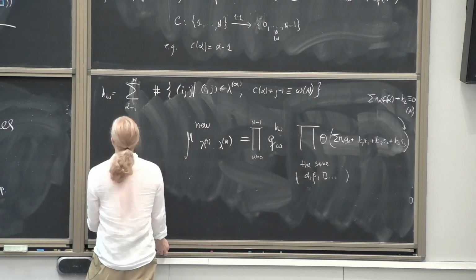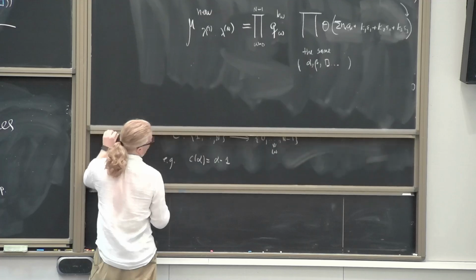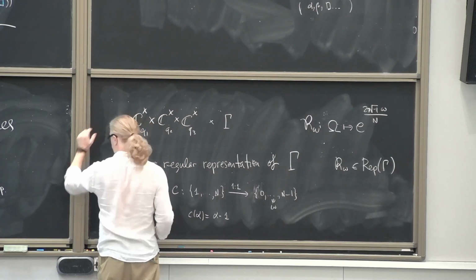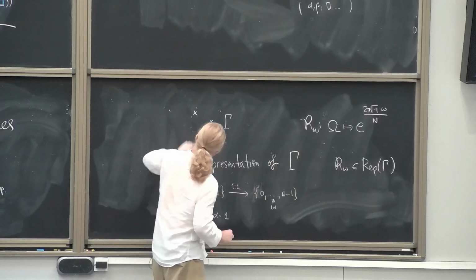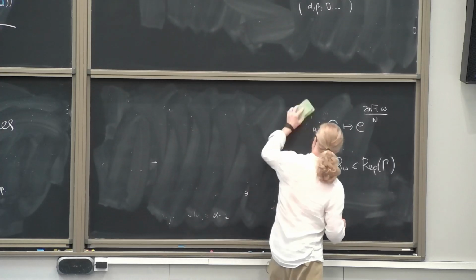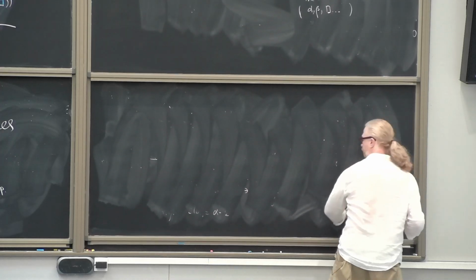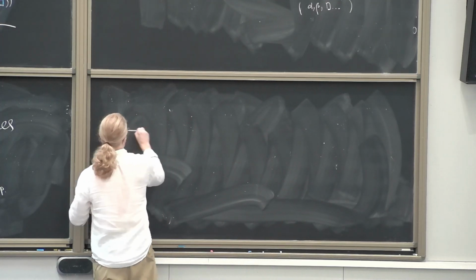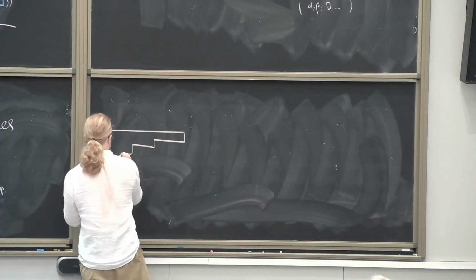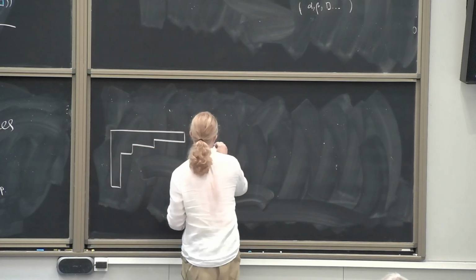So literally what I'm doing, I'm coloring my Young diagrams in n colors. I'm coloring them vertically.